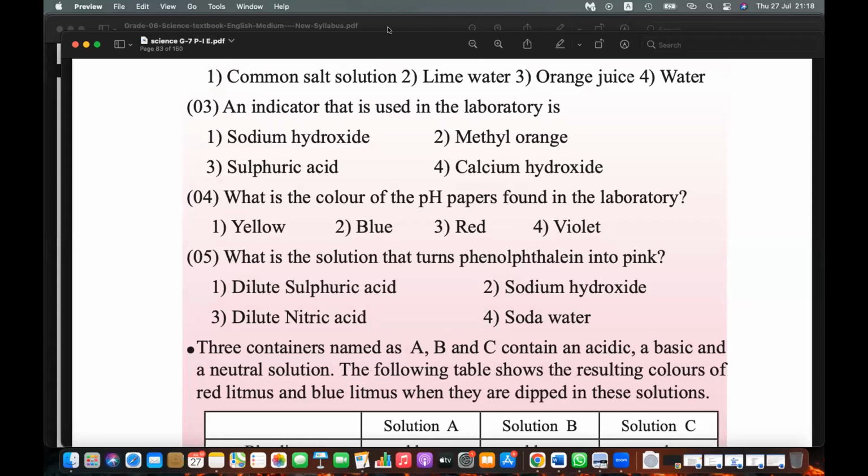Sodium hydroxide is not an indicator, methyl orange is an indicator. Yes, methyl orange is the indicator. Second one, methyl orange.